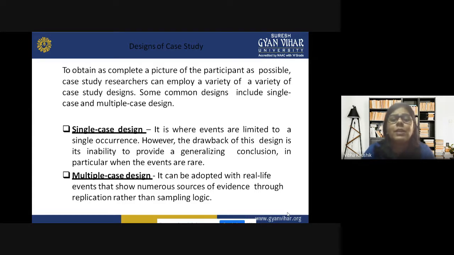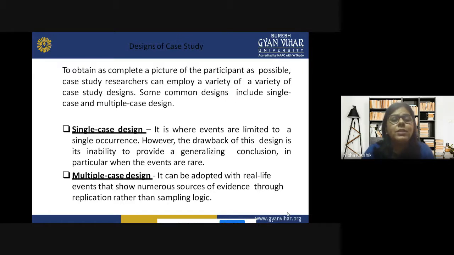Some common designs that can be used by the researcher are the single case and the multiple case design. These are the two common designs.